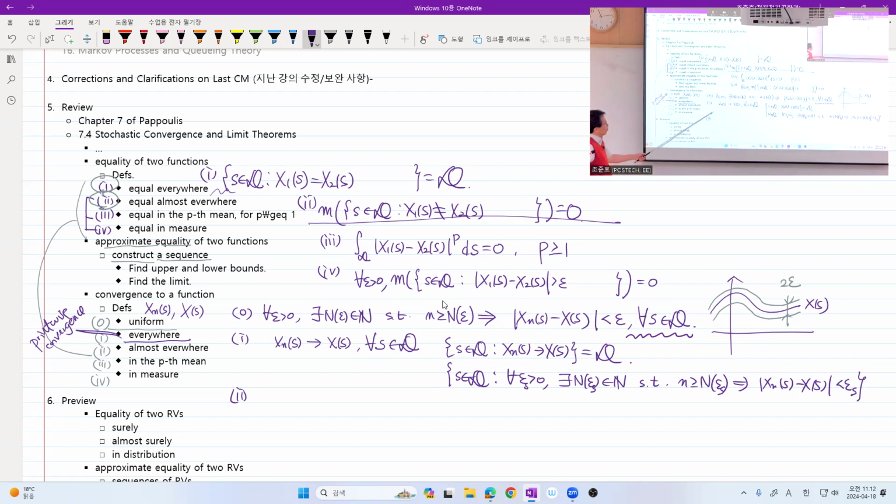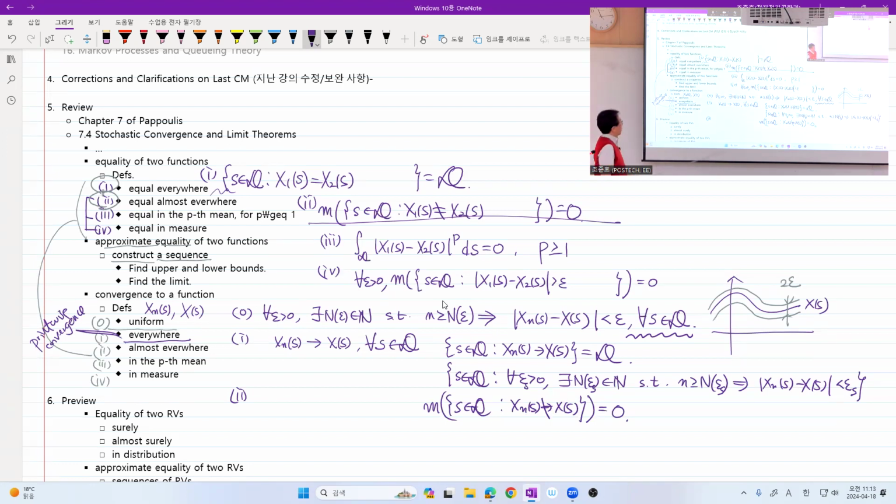Similarly, we define almost everywhere convergence by taking the set. Here, we simply say that this does not converge, and we take the measure of the set, and this is it, okay?